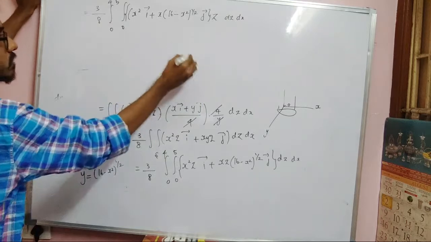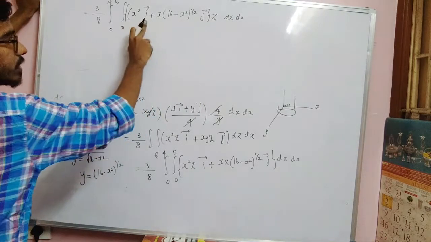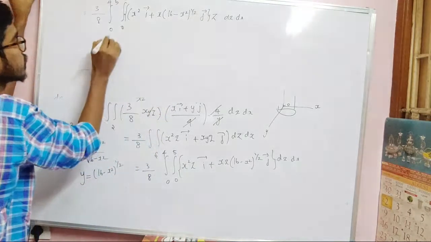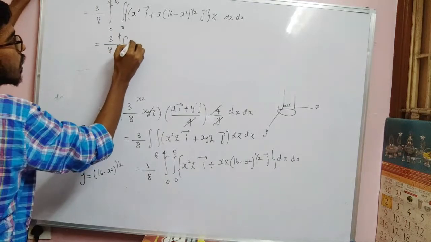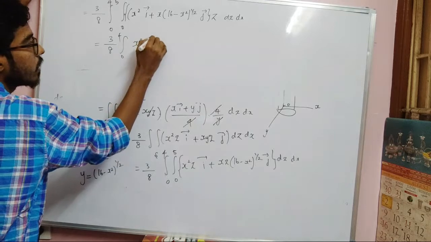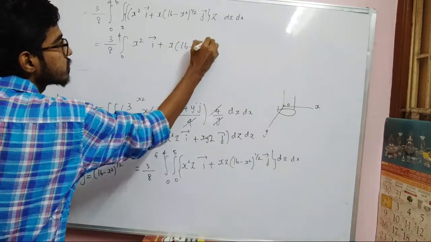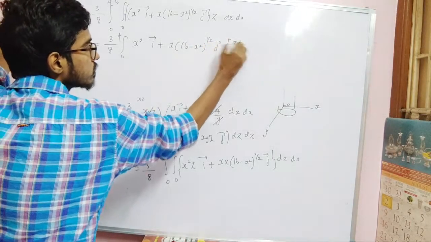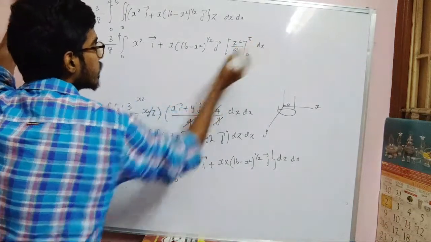Now we will integrate with respect to z. This entire term will be constant because no term contains z. So we have 3 by 8 integral 0 to 4, x square i vector plus x into 16 minus x square whole power 1 by 2 j vector, and the integration of z is z square by 2, with limit from 0 to 5, dx.